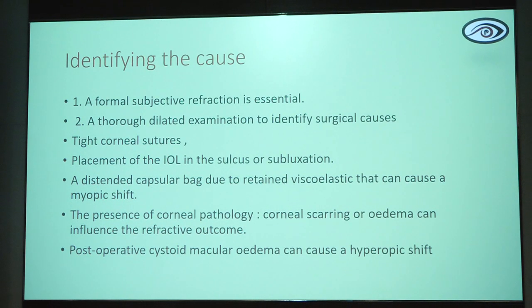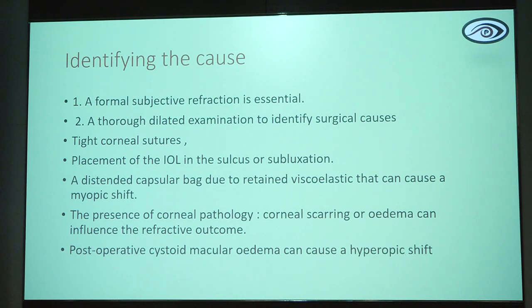Then sometimes a distended capsular bag might be due to retained viscoelastic behind the IOL. That is also very important. Then always look for any corneal pathology that you might have missed, such as corneal scarring, or whether the post-op patient has corneal edema.